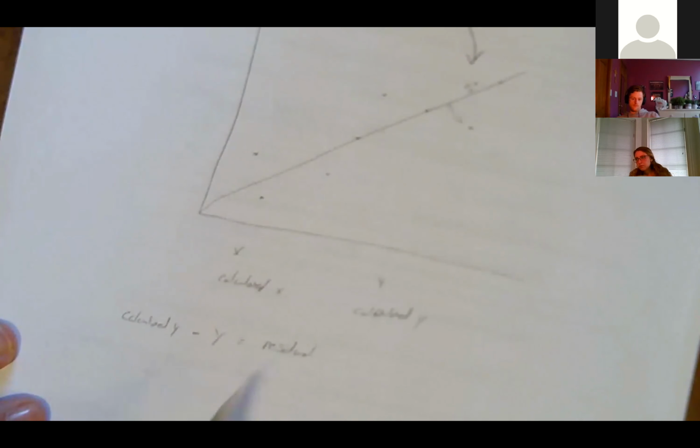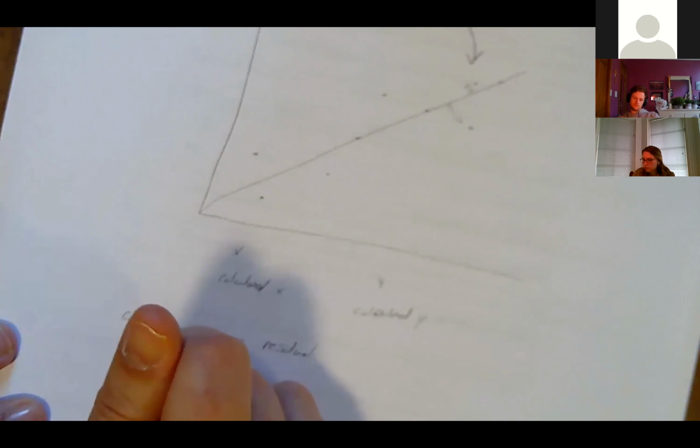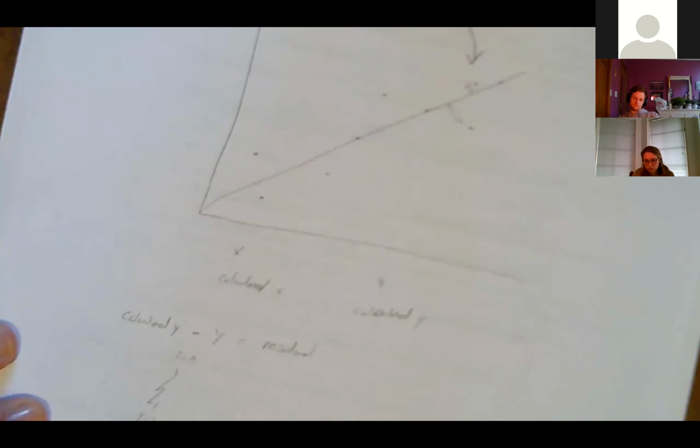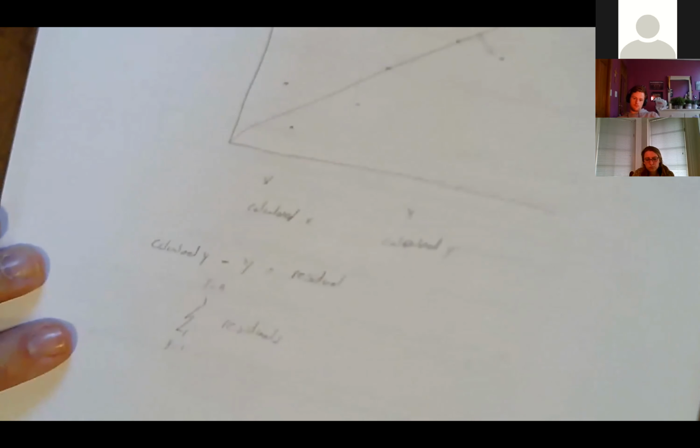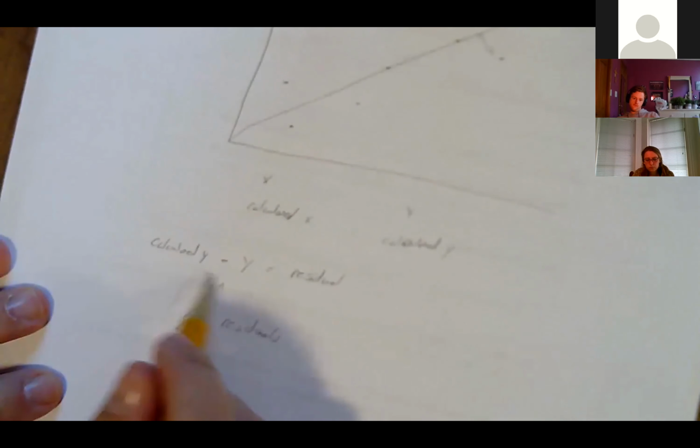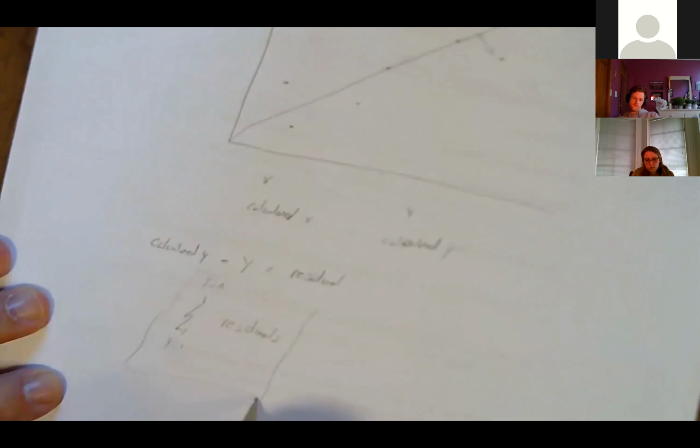And so that error sums up all of the residuals from 1 to n. And that total here is really my factor of how reliable is this model?